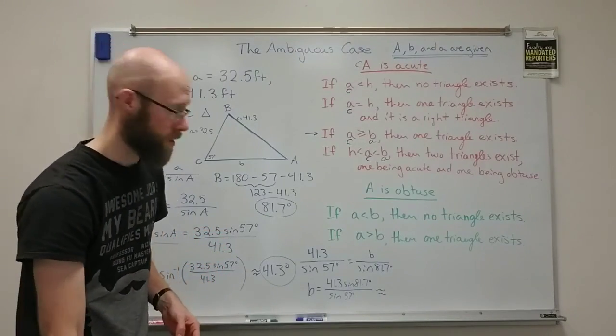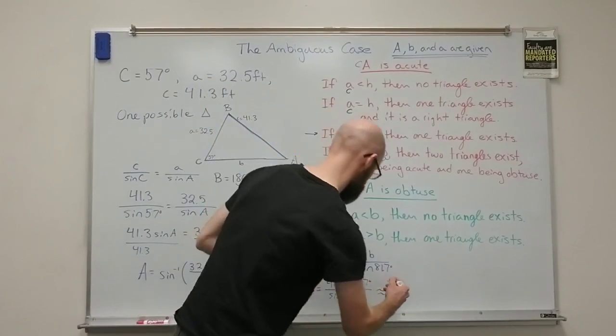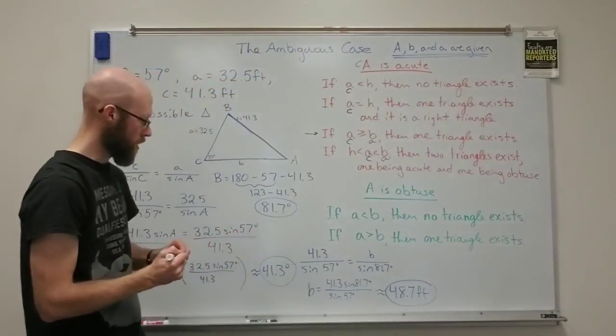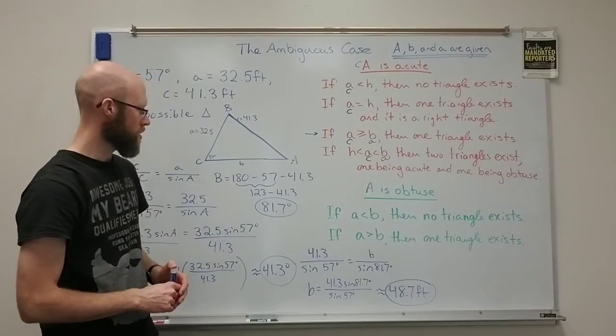Get 48.7. So that one is in feet because it's a side length, 48.7 feet.